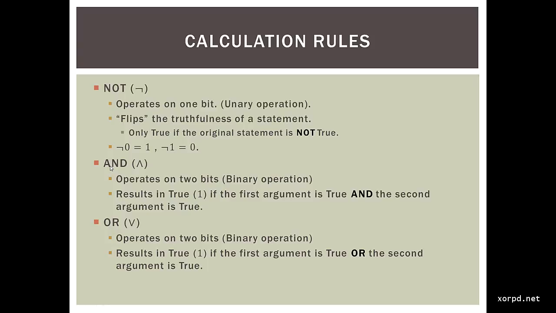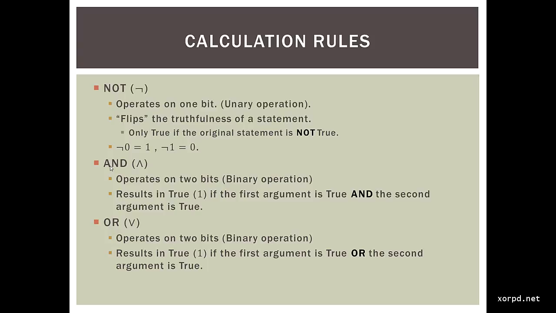What does it mean? It means that it takes 2 bits and it generates 1 bit. The AND operator results in true or 1 if the first argument is true and the second argument is true, which means that both of the arguments have to be true to get a true result.